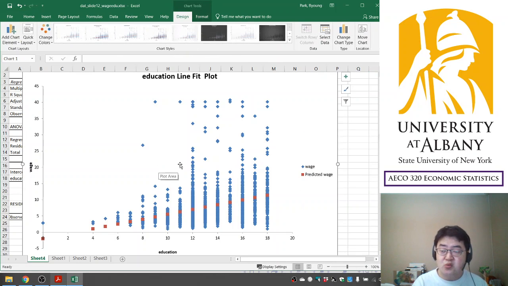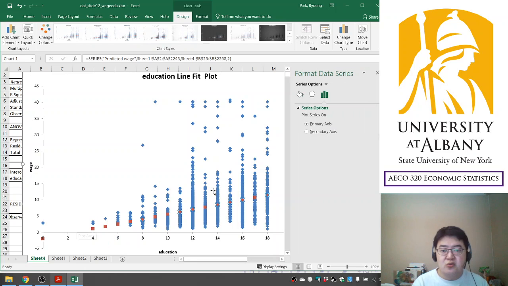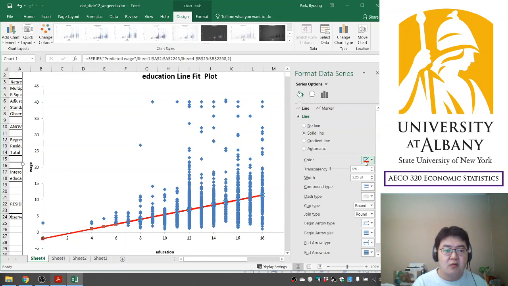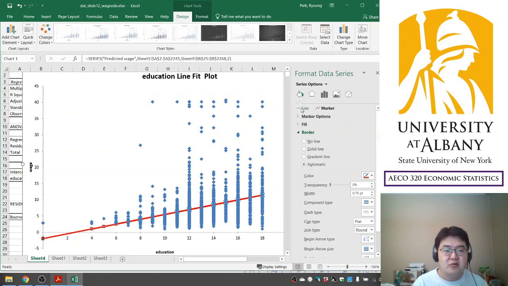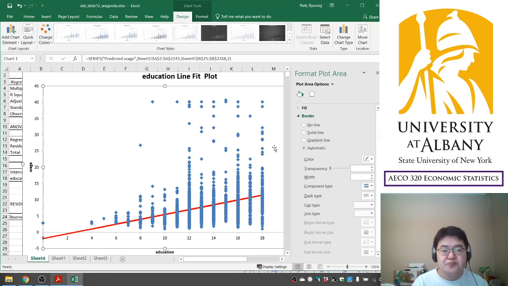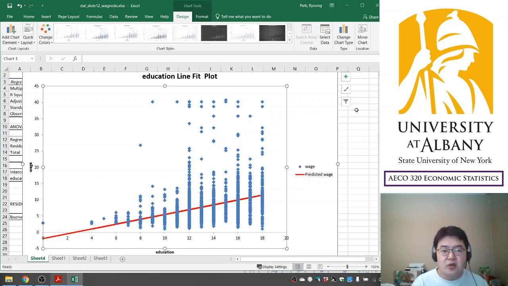There are a lot, more than 2,000, so it's impossible to show all of them. So here I changed it to marker none. Okay, the blue dots are observations.